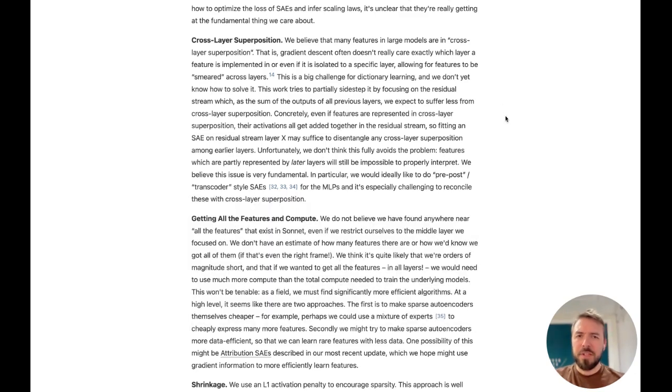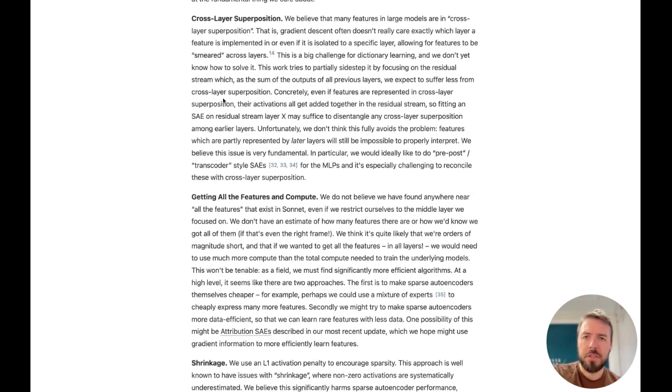This work tries to partially sidestep it by focusing on the residual stream, which, as the sum of the outputs of all previous layers, we expect to suffer less from cross-layer superposition. Concretely, even if features are represented in cross-layer superposition, their activations all get added together in a residual stream, so fitting an SAE on a residual stream layer X may suffice to disentangle any cross-layer superposition among earlier layers.